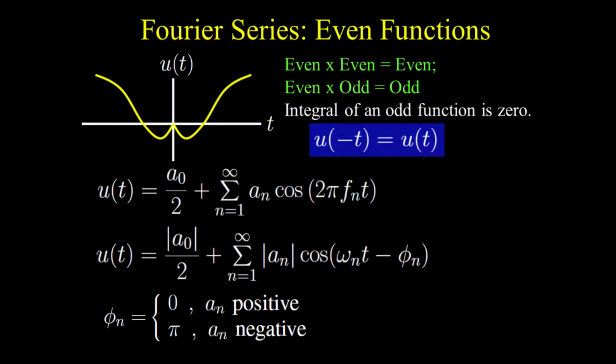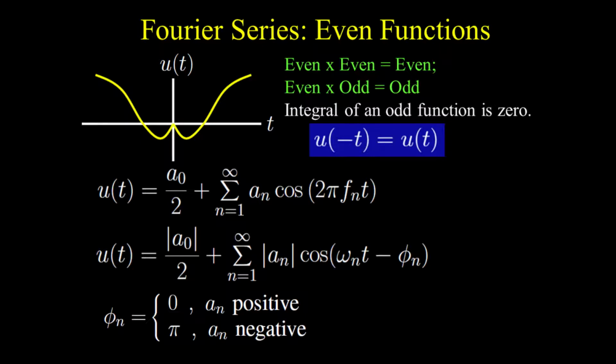Again, the computation of these coefficients can be simplified if the time function is odd or even, by using the fact that the integral of an odd function between symmetric limits is 0, and the integral of an even function between such limits is equal to twice the value of the integral between lowercase t equals 0 and the upper limit.